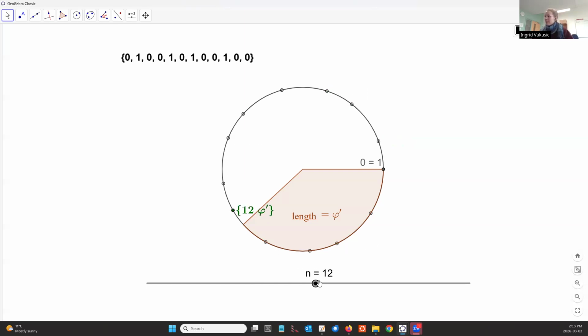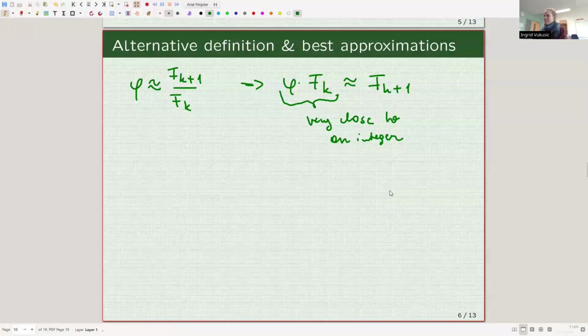In fact, every time we get a Fibonacci number, we get closer to the integer than we've ever been before. This is called the best approximation property. For anybody who knows continued fractions, this is just a property of continued fractions, because the Fibonacci numbers are exactly the denominators of the convergents to the golden ratio.